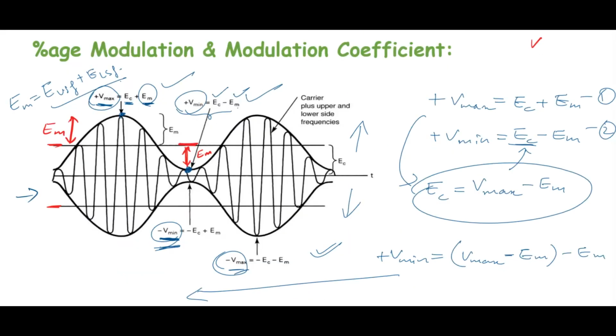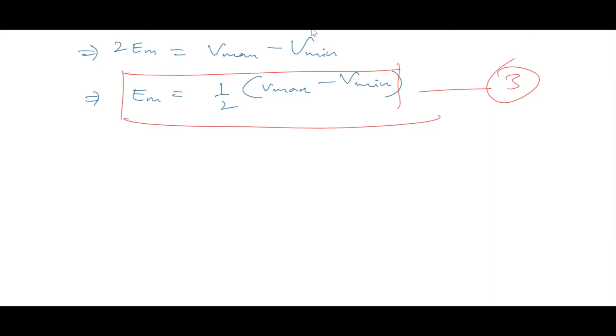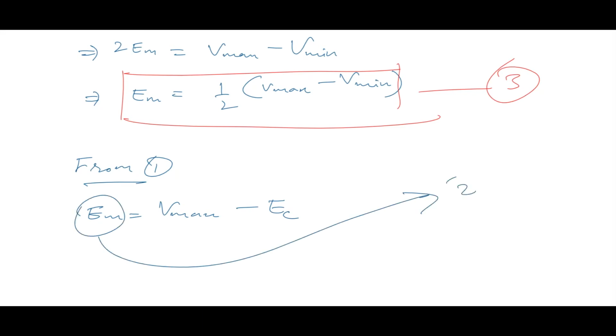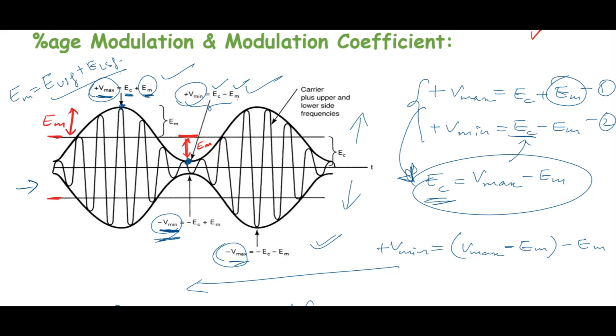Now let us consider these equations again. From equation number 1, we previously calculated Ec in a rearranged form. This time I'll write for Em. So from 1, Em becomes equal to Vmax minus Ec. Now I'll put this value of Em in equation number 2, which is plus Vmin equals Ec minus Em.